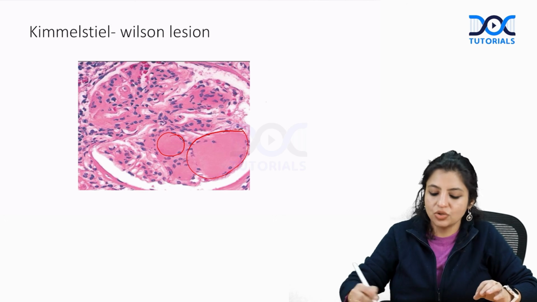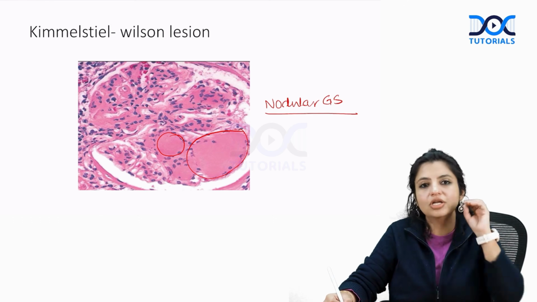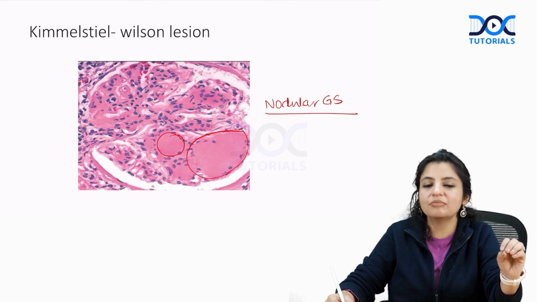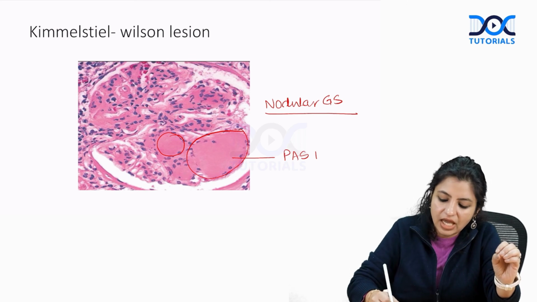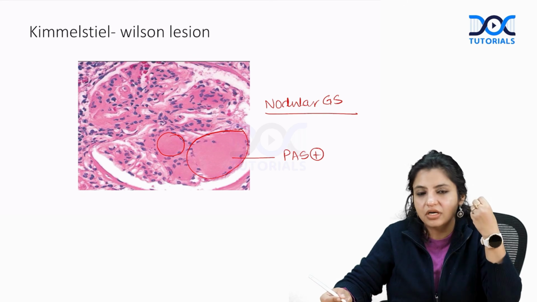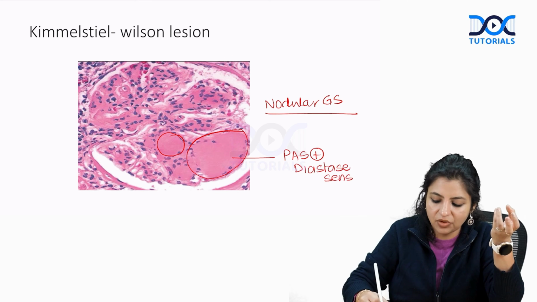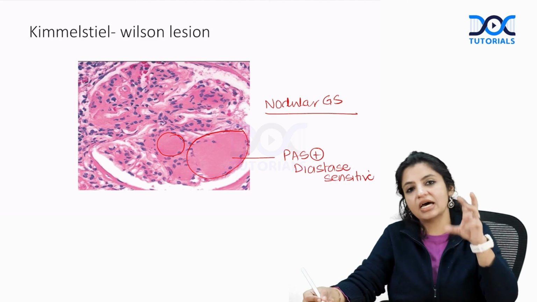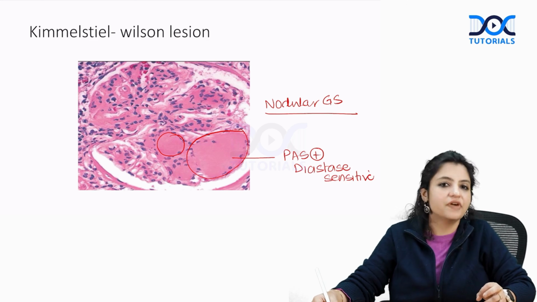This is also called nodular glomerulosclerosis. So these are nodules which can be seen. These nodules are made up of glycogen, so they are PAS positive, and because they are made up of glycogen, if you put diastase on it, it will dissolve. So they are PAS positive and diastase sensitive. That is the Kimmelstiel-Wilson lesion that everybody should be very clear with.